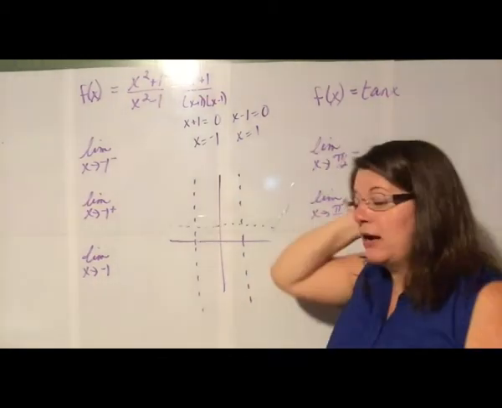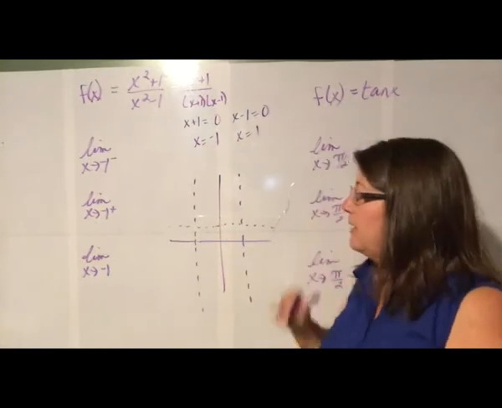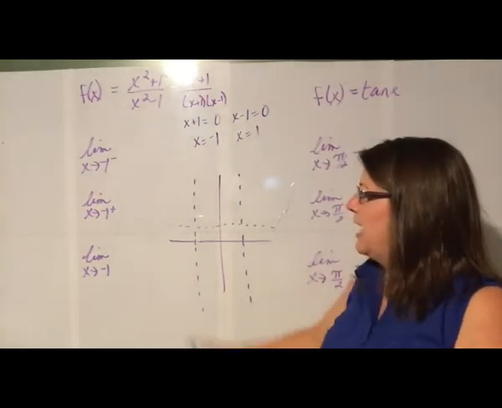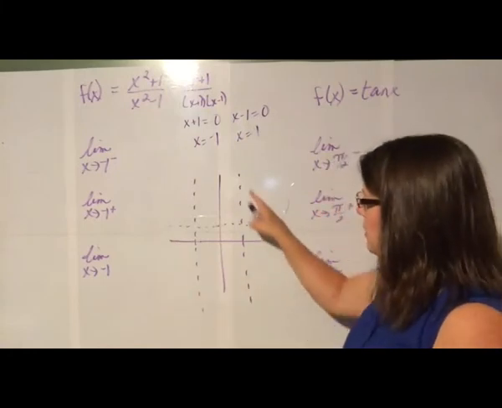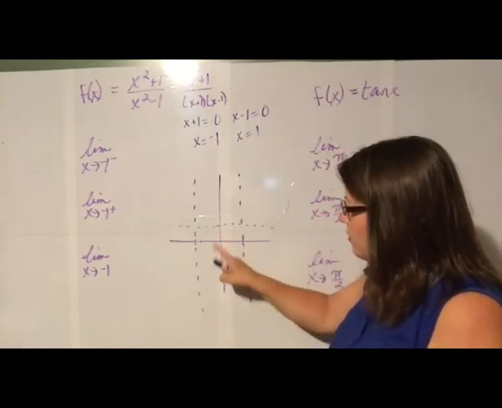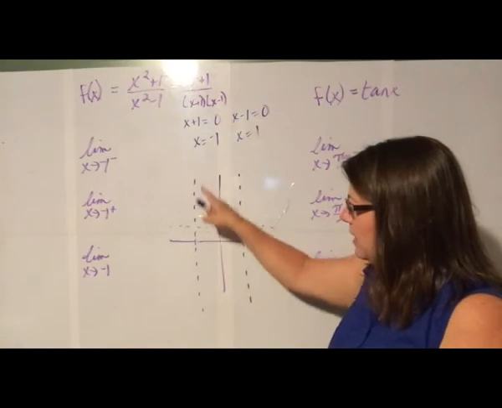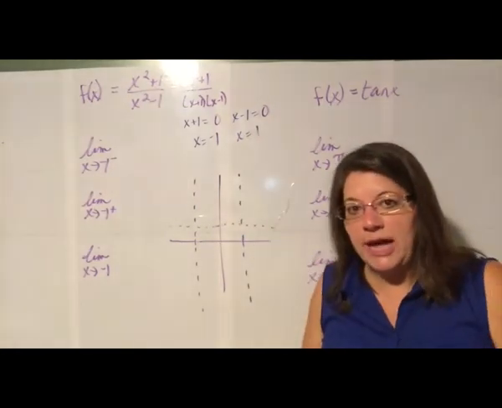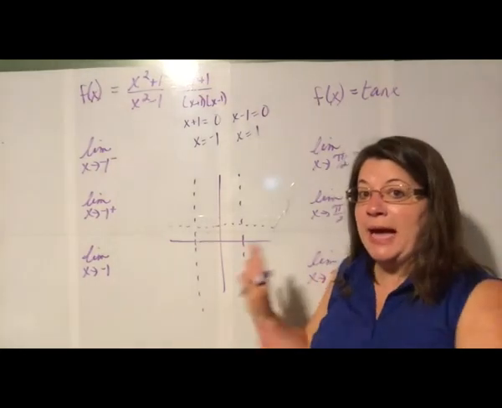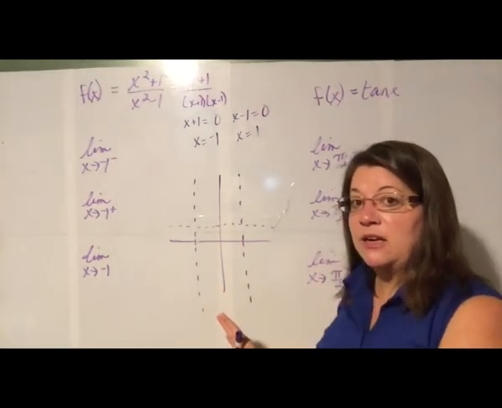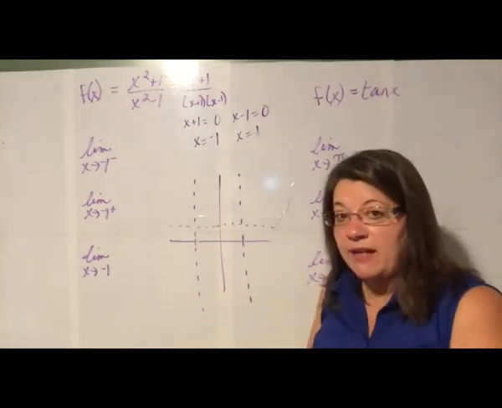I need to see what my graph is doing. Normally, when I have something like this, I have a curve either here or here, and then either here or here, and this will look kind of like a parabola, either going up or down. Once I know what my asymptotes are, I do that by hand, because sometimes with the calculator you're not going to be able to tell where those asymptotes are.